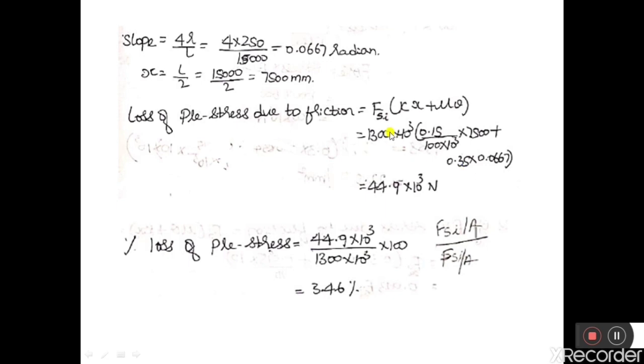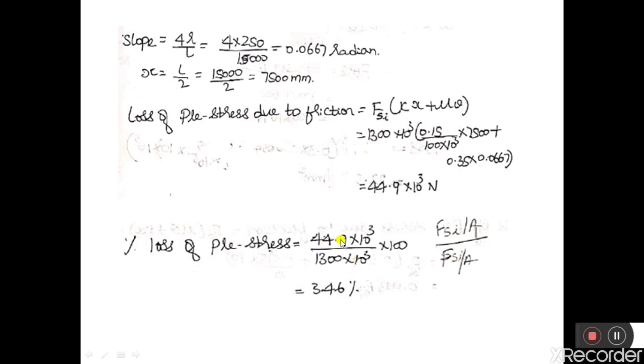So A is this one. Force 1300 into 10 to the power of 3 divided by A. Let us keep A like that. So here it will become 44.9 into 10 to the power of 3 divided by A. Therefore percentage of loss of pre-stress is equal to total losses divided by initial stress.